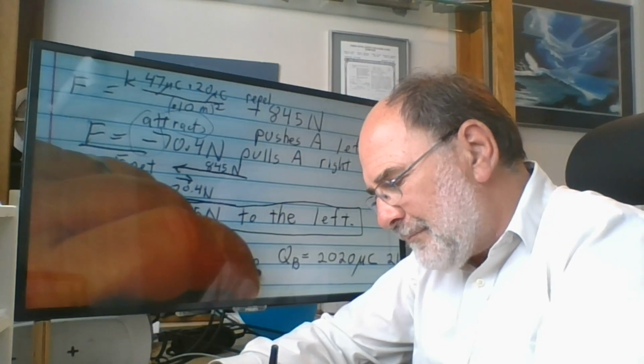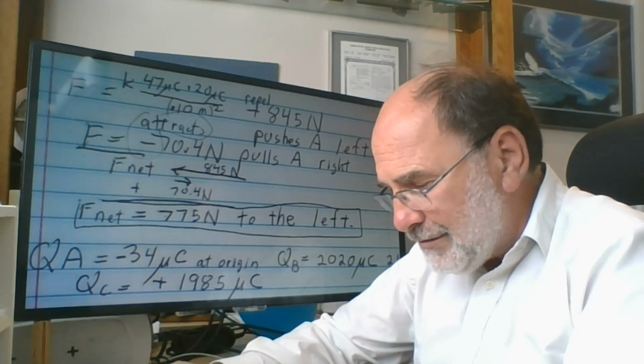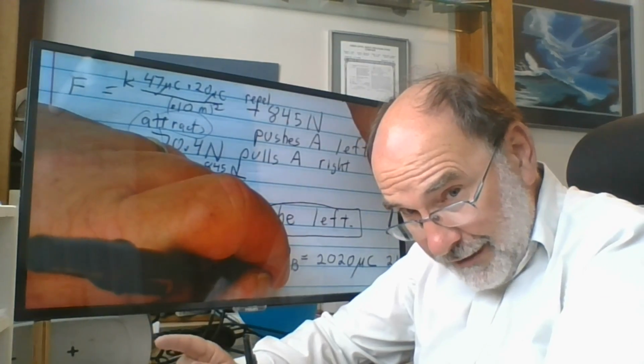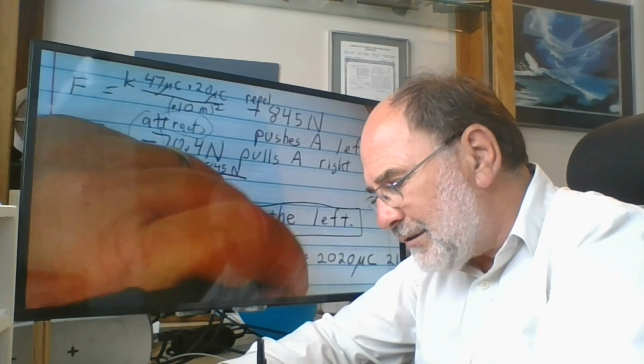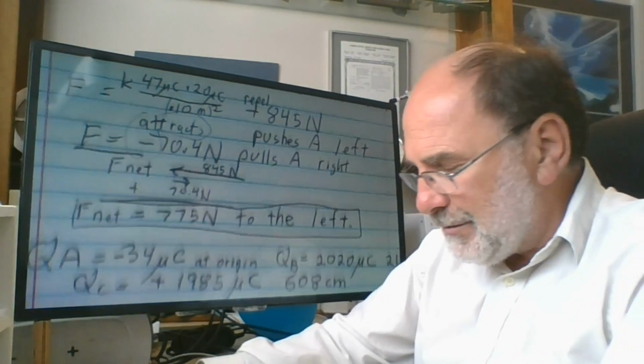Let's make it microcoulombs again. And this time, instead of an additional distance, I'm going to make it at a position of 608 centimeters, being the other classroom I use at Cerritos High School.